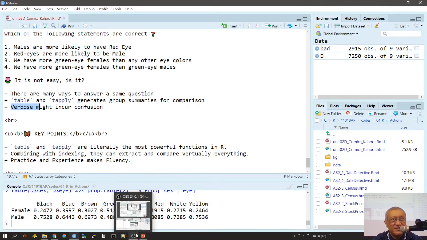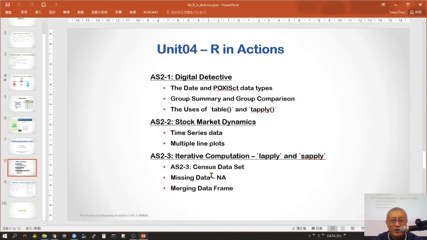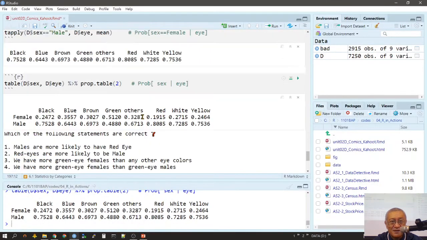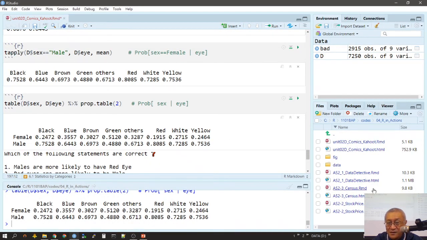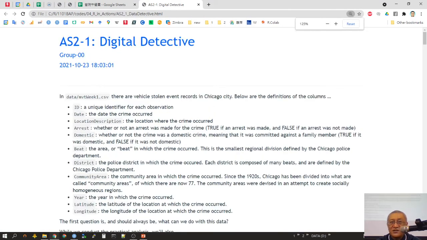Now let's get into our 3 assignment homework, assignment notebook. Sorry. The first one is the car stolen events.